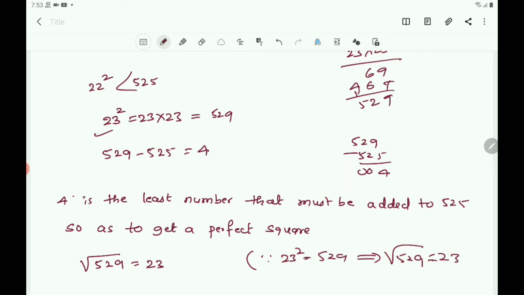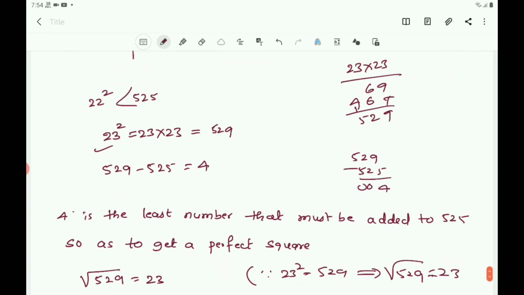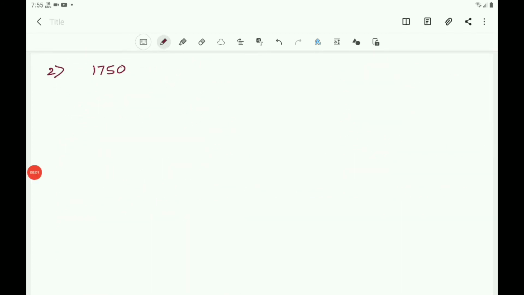In this way, we can find the least number that must be added to get a perfect square for the given number. The next number is 1750. Take that number 1750 and put the bar. The first bar is for 50 and the next bar is for 17.